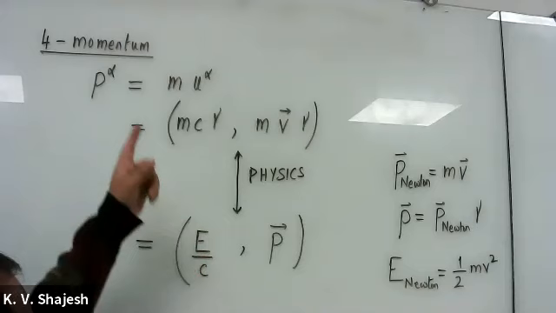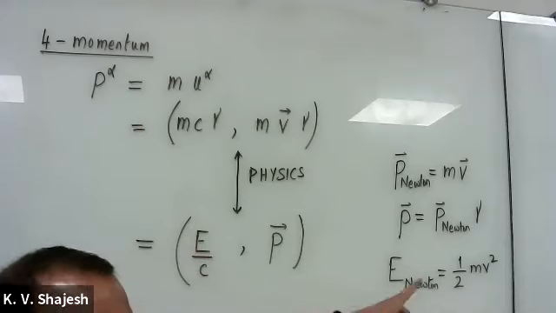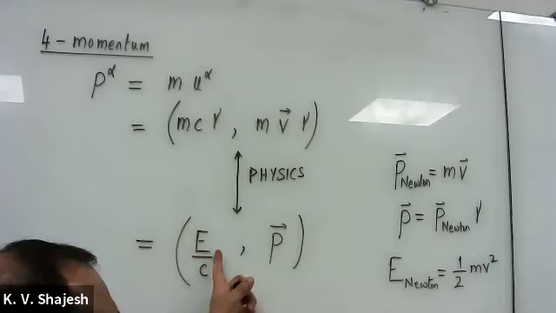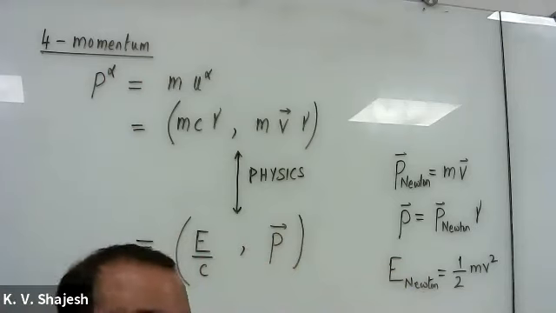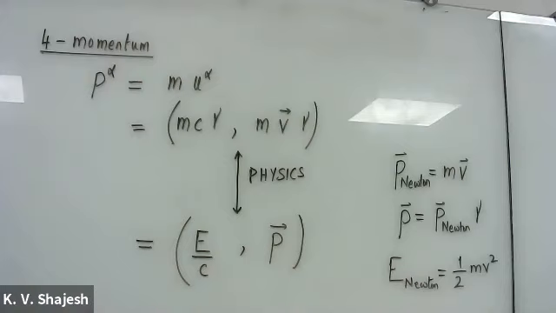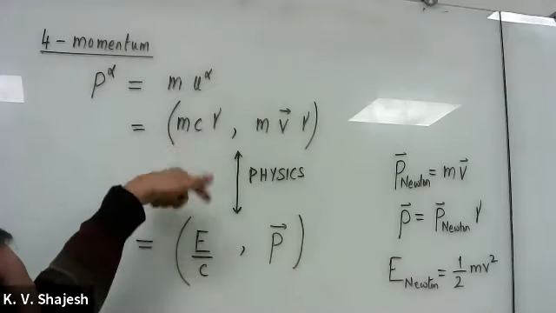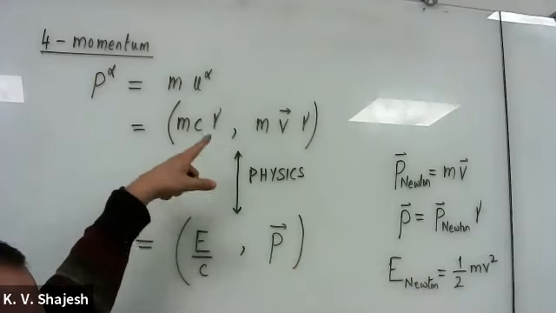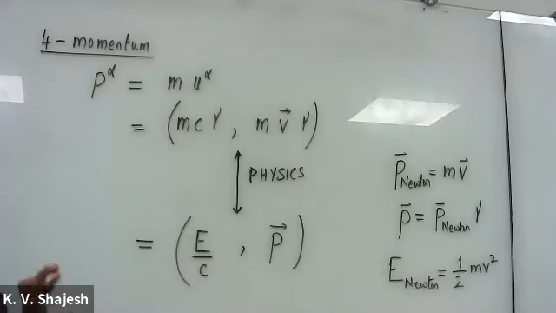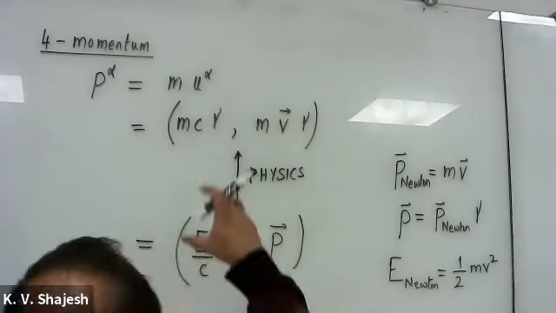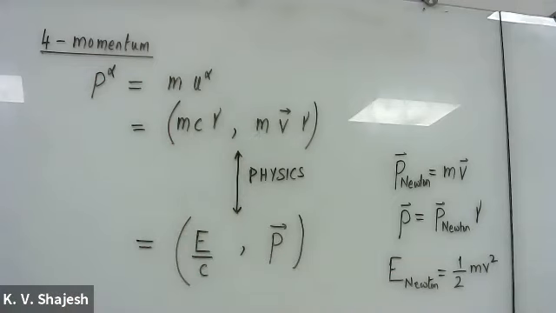But then the question comes, what is the connection between relativistic energy and the Newtonian energy? We'll come back to that in a few minutes. But this should be appreciated: this is not a direct connection. This is not an algebraic relation I've written. This is an interpretation that this is what it is.